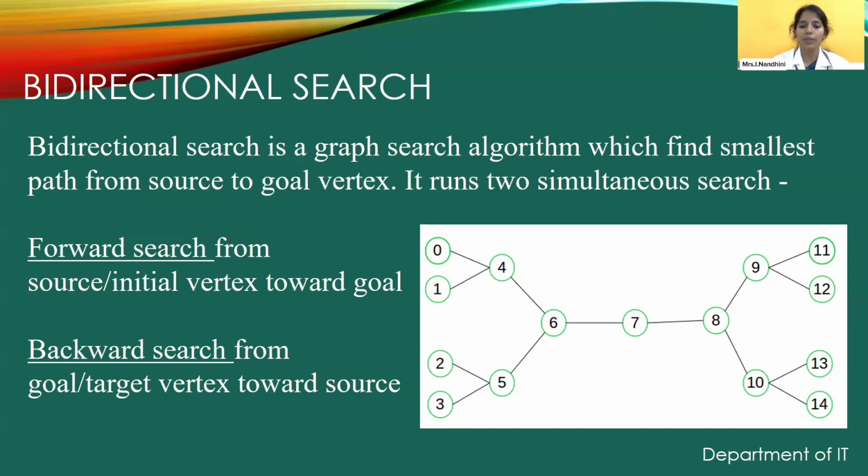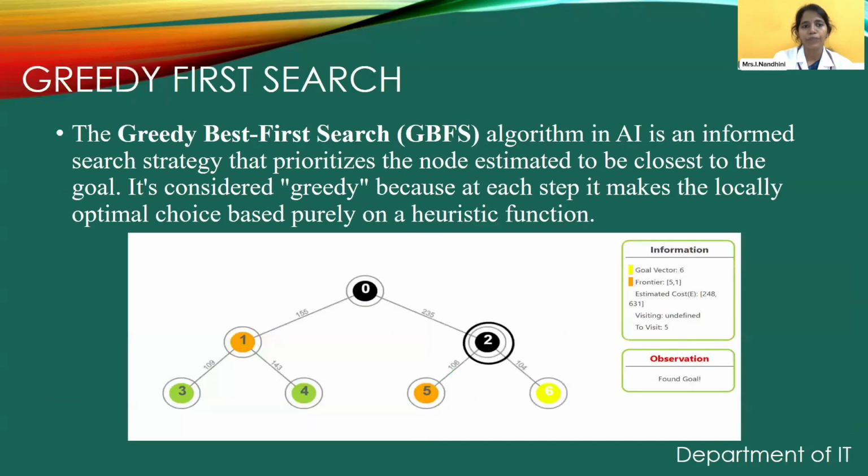Both work simultaneously until they reach the goal. The applications of bidirectional search are network analysis, pathfinding, etc.